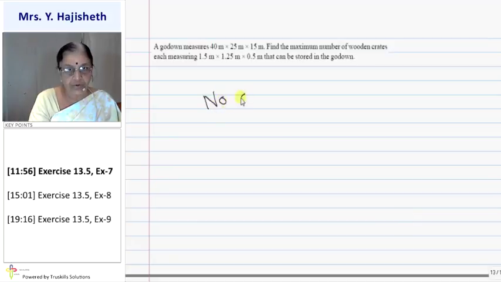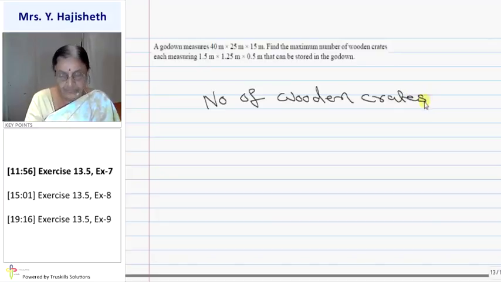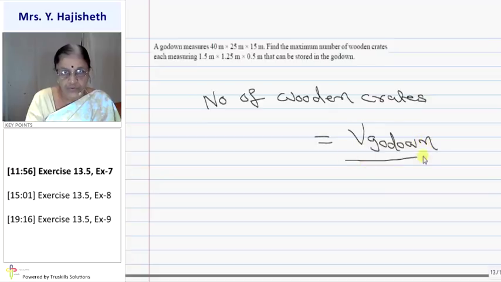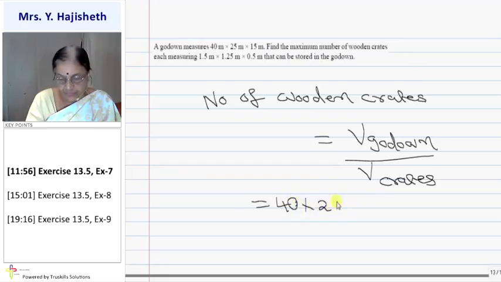Okay, number of wooden crates is equal to, according to previous sum, volume of godown upon volume of one crate. Now volume of godown is L into B into H, so 40 into 25 into 10. Clear?